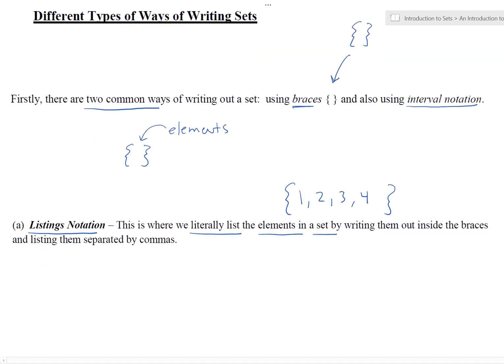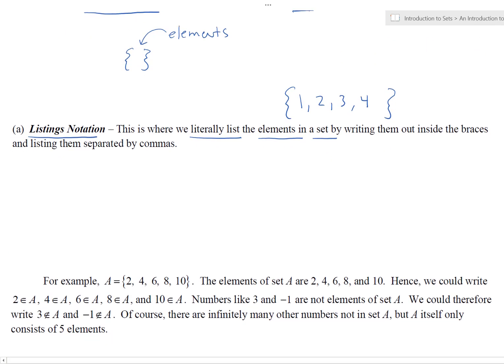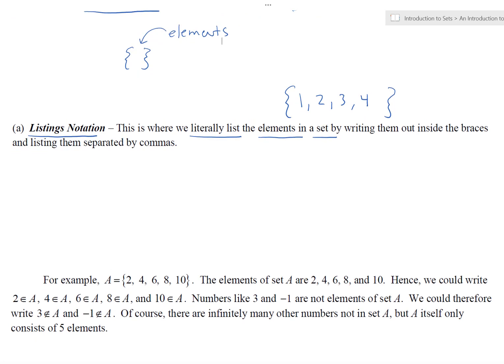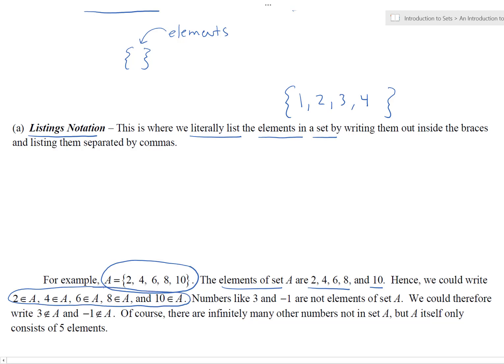That's listing notation. And there's another example right down here, very similar to what I just wrote, except consider you have a set A here that consists of 2, 4, 6, 8, and 10. So the elements of the set A are 2, 4, 6, 8, and 10. And then you could literally write every single one of these statements right here: 2 belongs to A, 4 is an element of A, 6 is an element of A, and so on.